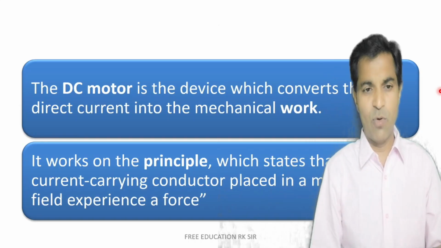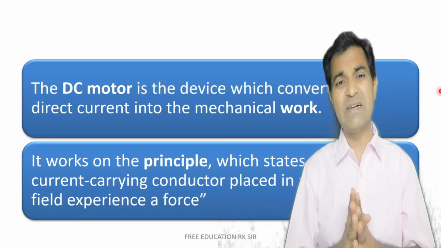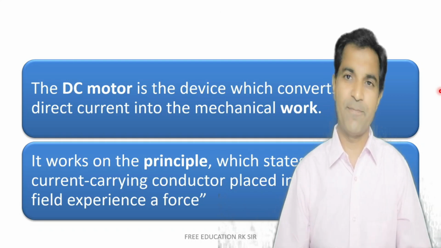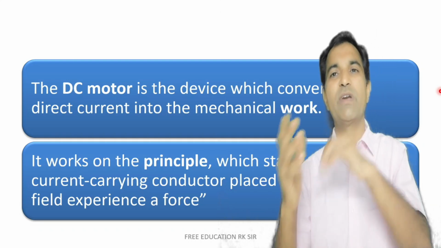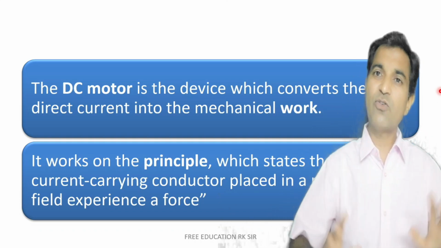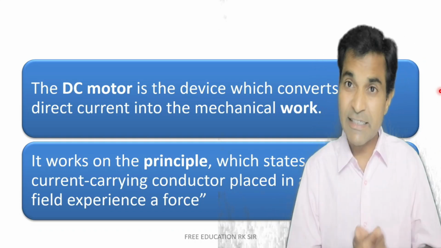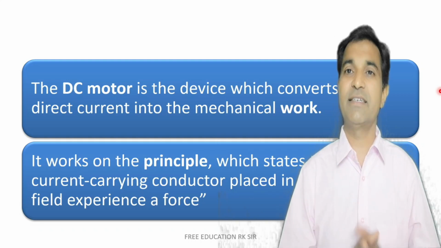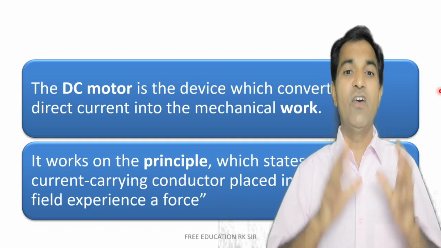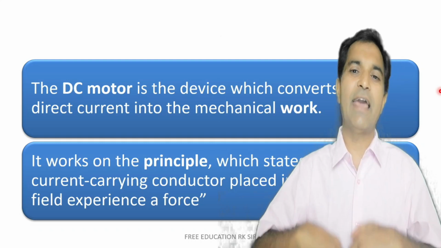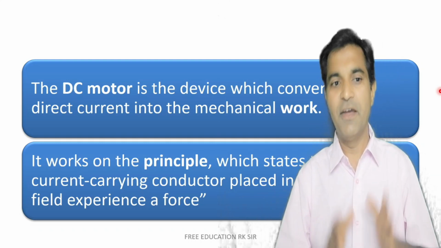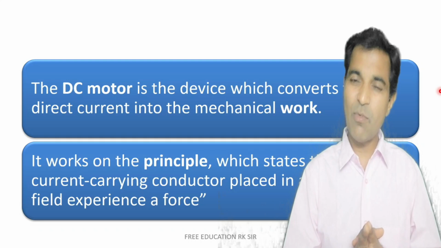So what is the DC motor? A DC motor is a device which converts direct current into mechanical work. If we would like to define a motor simply, then we may say a motor is an electromagnetic device which converts electrical energy into mechanical energy. Repeat, what is an electrical motor?